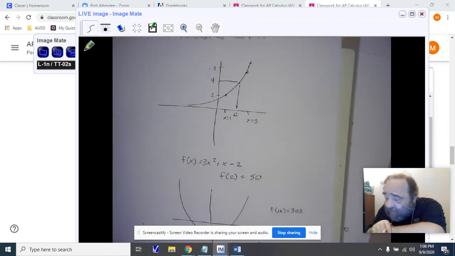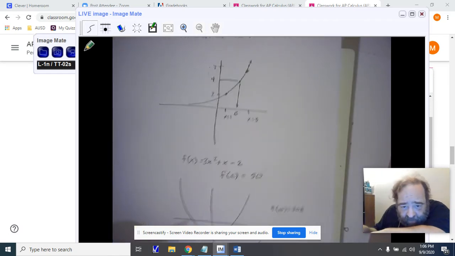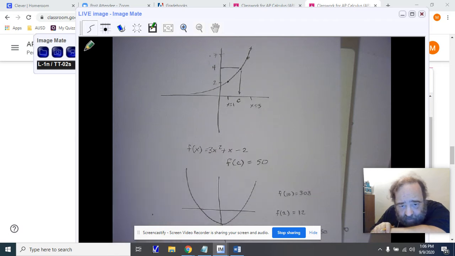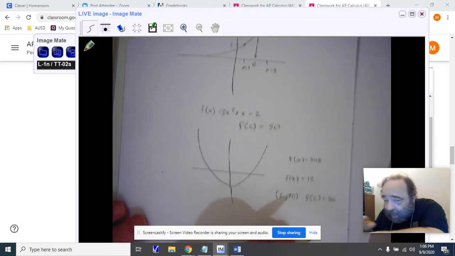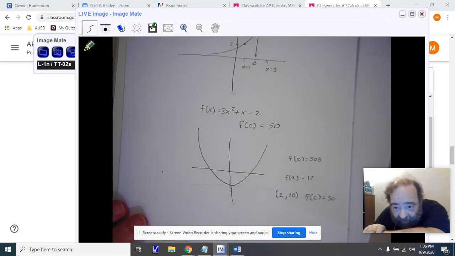They're going to say, find the value of c on the given function f equals 3x squared plus x minus 2, such that f of c is equal to 50. Now, I did a quick graph of this, and I've located that f of 10 is 308, and I found that f of 2 is 12.